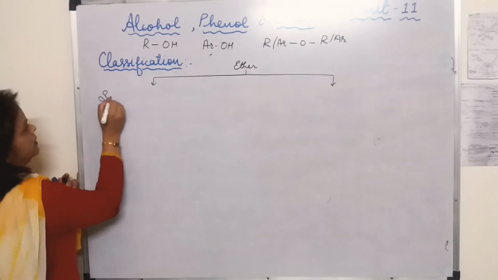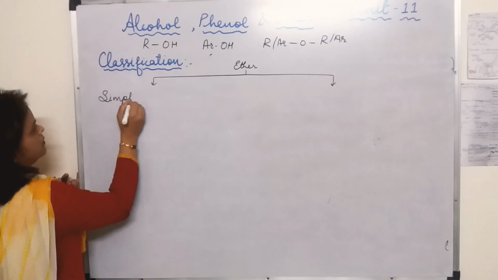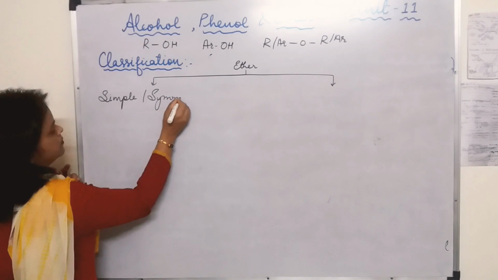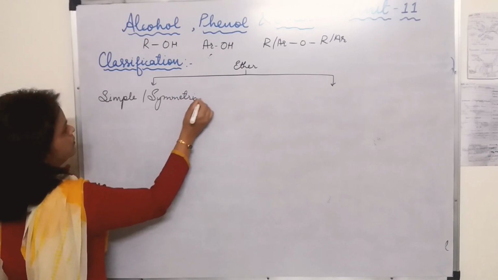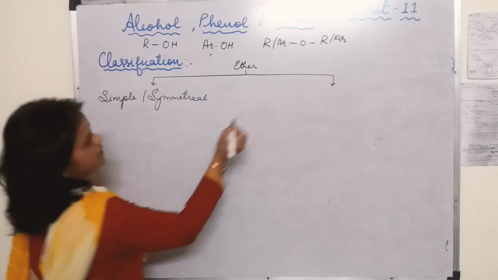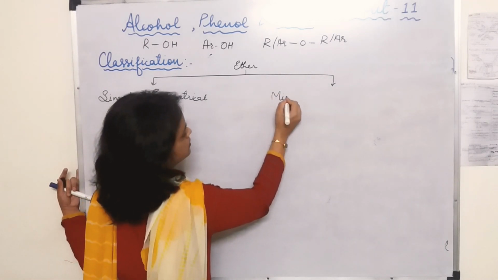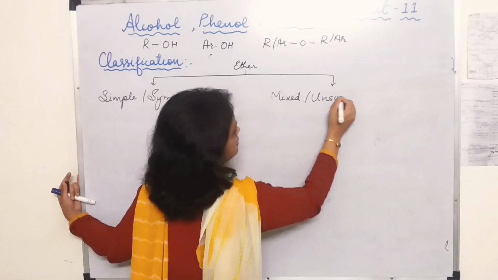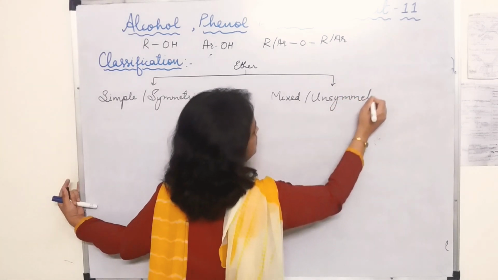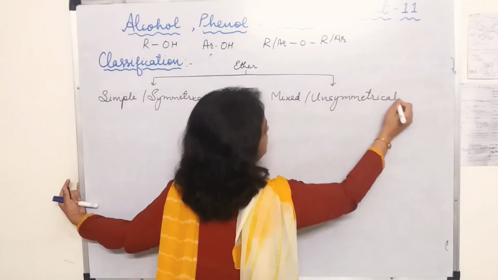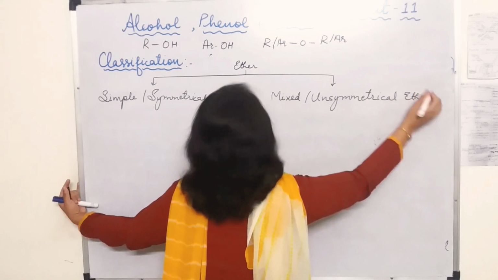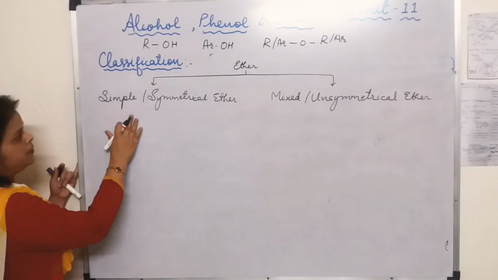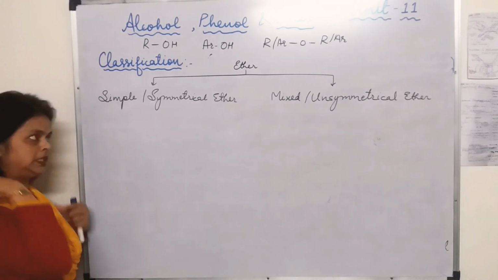They can be simple, or you can use the word symmetrical, or we can use the word mixed or unsymmetrical. So they can be symmetrical ether or unsymmetrical ether.